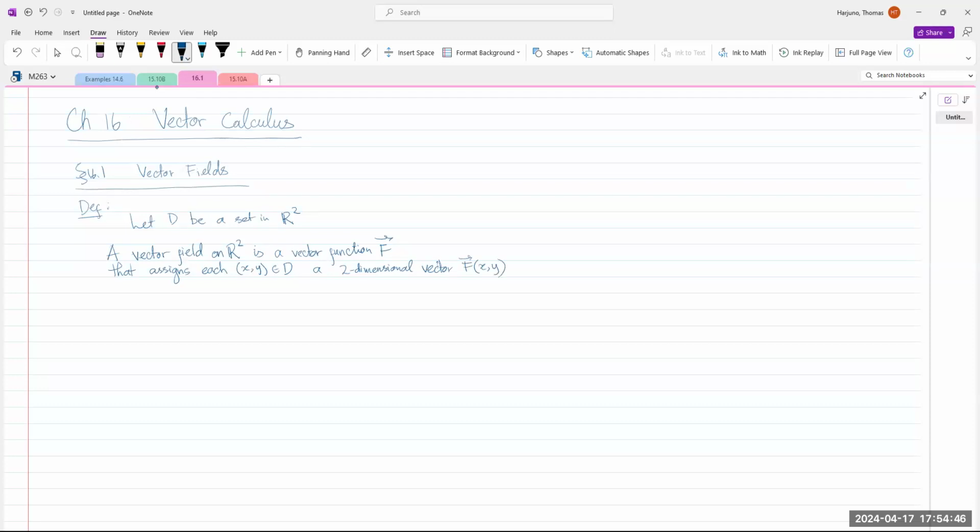To be more precise, in this case, the vector F(x,y) is actually a vector function. Okay, a vector consists of functions. We usually call the x component function P, and the y component function is function Q.